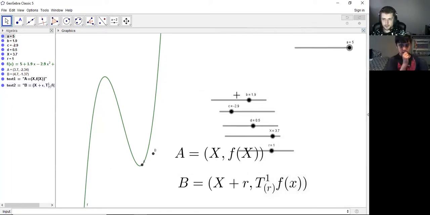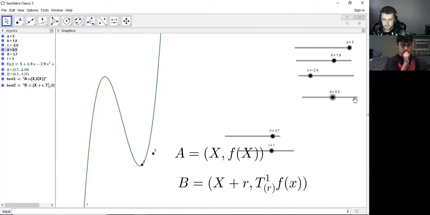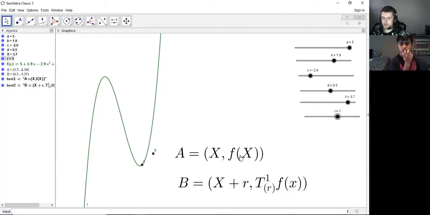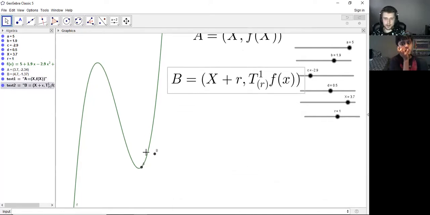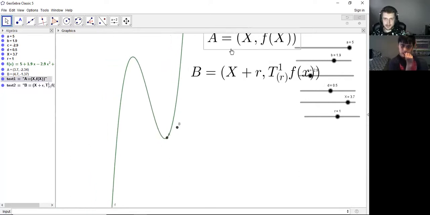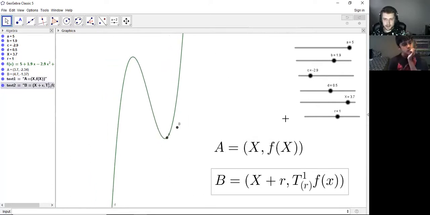I'll put our sliders over here. So big X, we're just thinking of X as our spot on the graph, and A is just a point on the graph. One thing is that B is not on the graph, right? As we move x around.